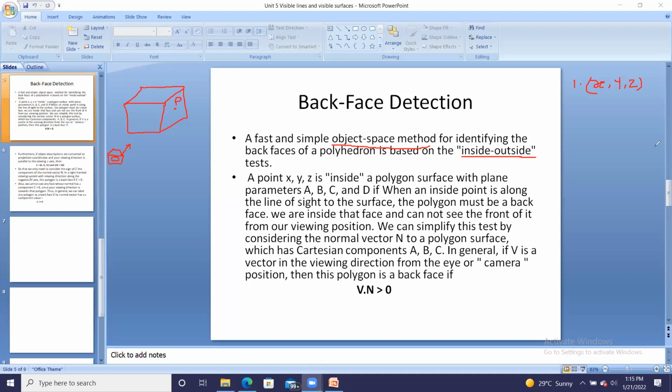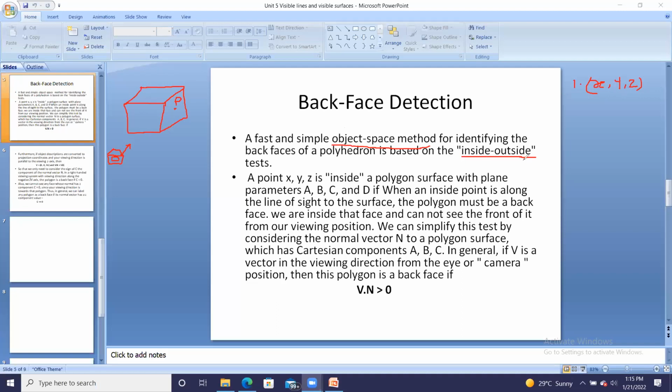Okay. Thank you. So we have seen that backface removal algorithm or backface detection uses the object space in which the actual characteristics of objects are considered. So this is your 3D object. It has the characteristic that every point is denoted with its x, y, and z coordinate. So in object space, the actual coordinates and characteristics of the object are considered to check whether the points are lying inside or outside.